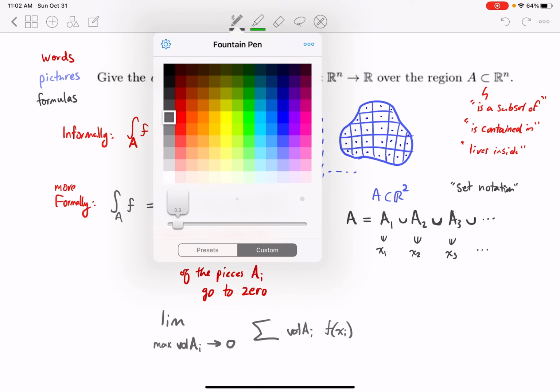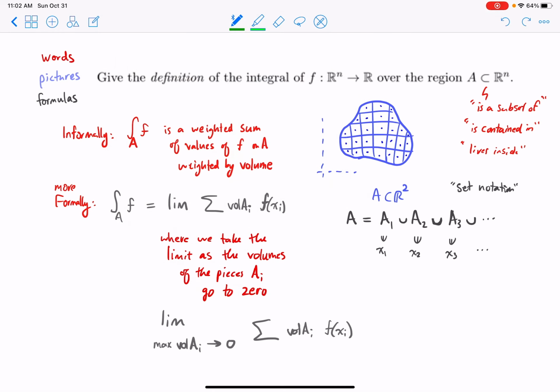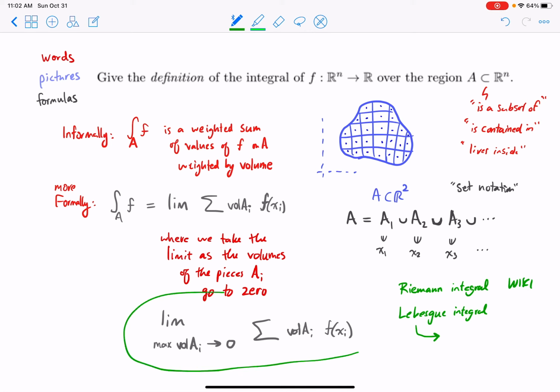Now I'll say something just briefly, is that if you want to know more about this, you can look up something called the Riemann integral on Wikipedia. You can also look up something called the Lebesgue integral. And the Lebesgue integral was invented later, and it's invented specifically because there are different ways to define the integral.